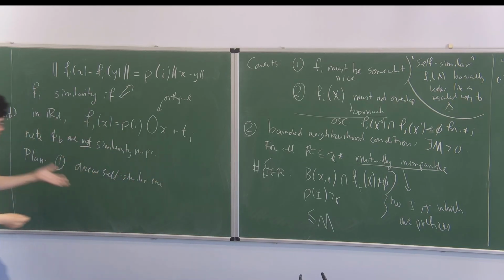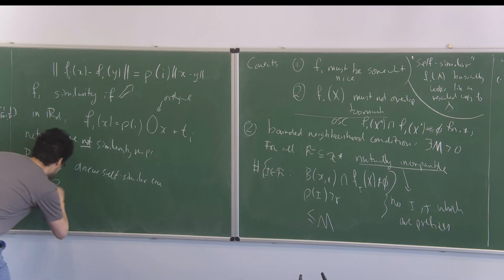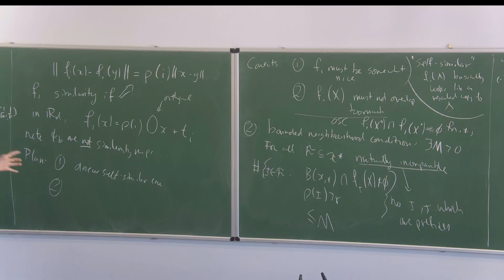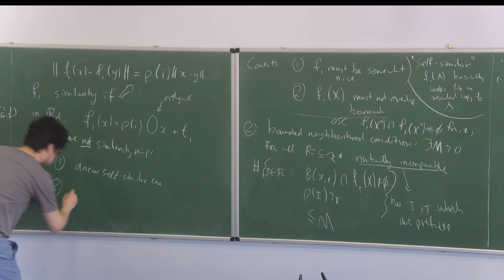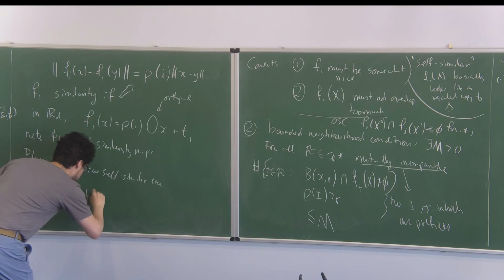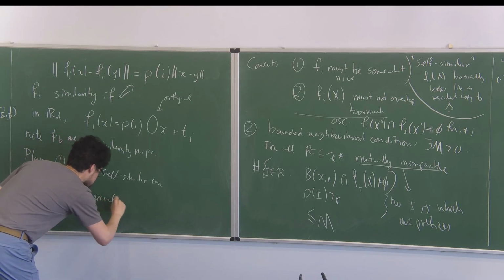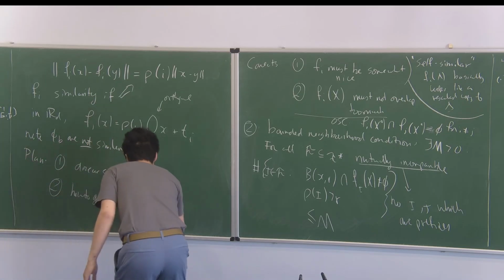The reason I want to discuss the self-similar case is that it erases all of these extra technical details, and we can really focus on what we can say about the set, what new things are going on in this infinite system, in this infinite case. I will later explain, in less detail, how to generalize to the self-conformal case.